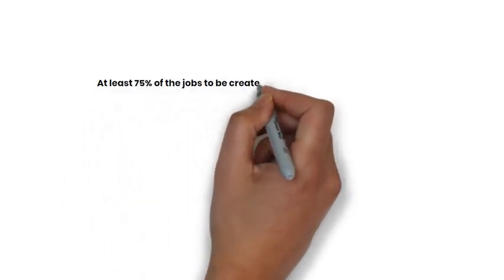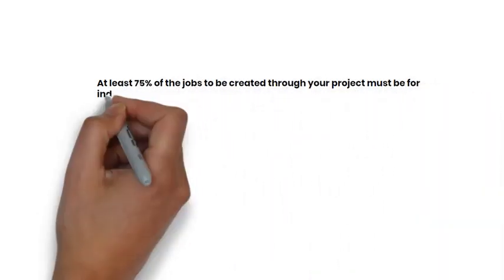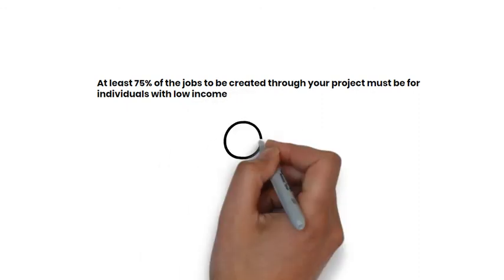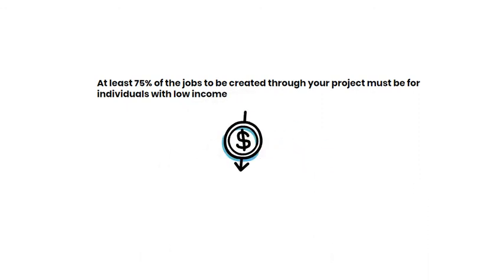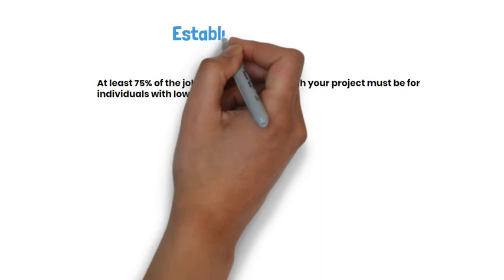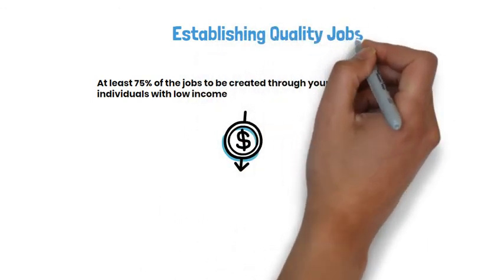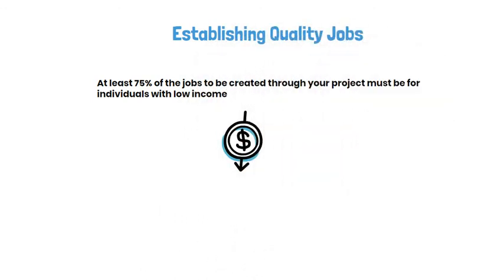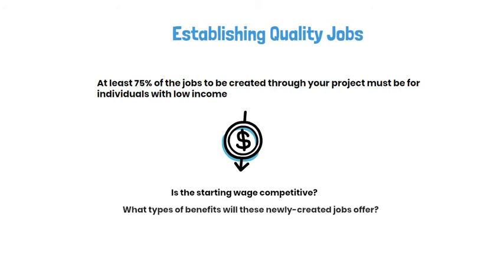At least 75% of the jobs to be created through your project must be for individuals with low income. However, ensuring that the jobs to be created are high quality and reduce barriers to employment is another important component. To help employees achieve self-sufficiency, consider, is the starting wage competitive? What types of benefits will these newly created jobs offer?